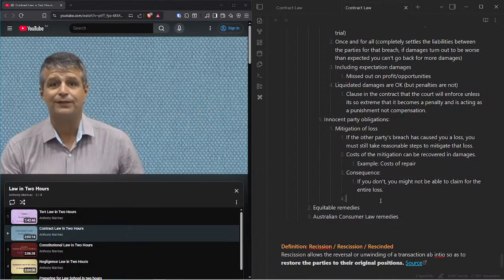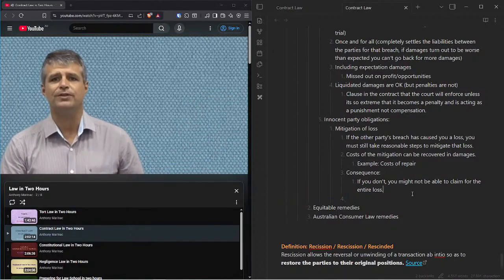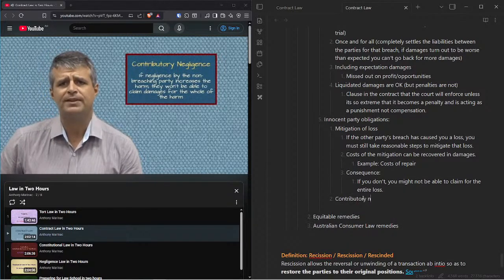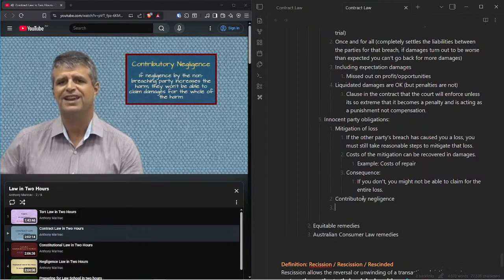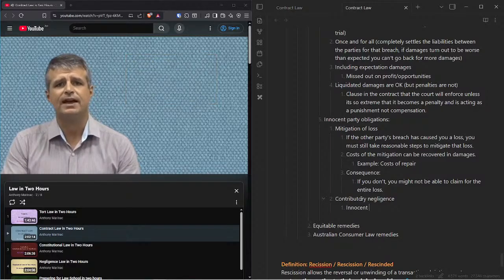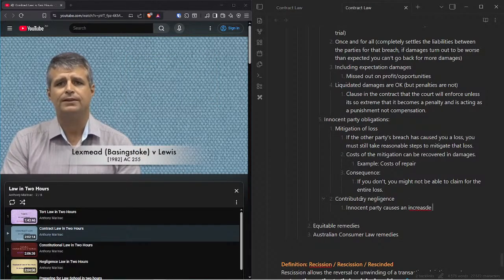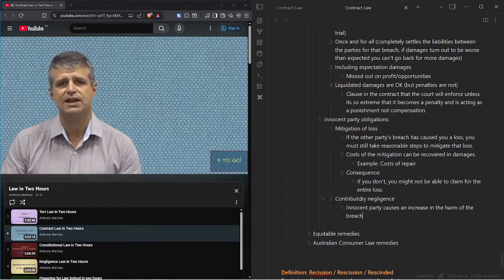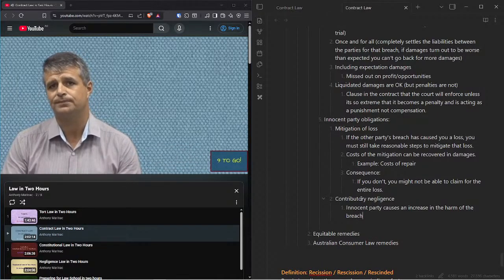The other thing that might affect the innocent party in terms of damages is what we call contributory negligence. This occurs when something done negligently by the non-breaching party causes an increase in the harm from the breach. The classic case was called Lexmead and Lewis, where a farmer bought a defective towing hitch and continued to use it even after he knew it was defective.